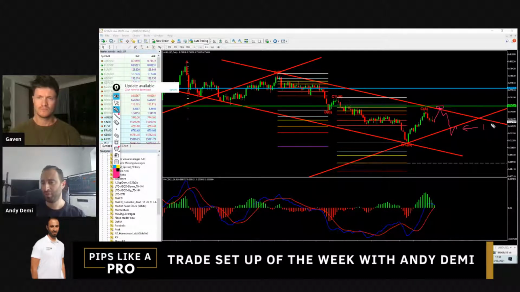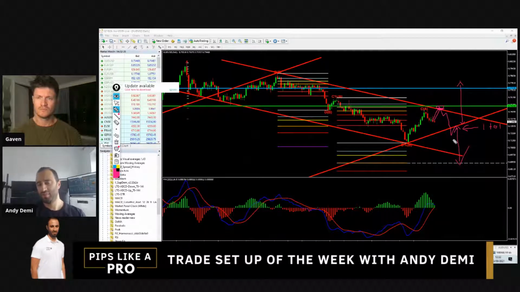If you do this trade here, I'd be looking for a 1-to-1. What I would typically do is take the distance from entry point to target, and make my stop the equivalent. If we get a pullback though, and we buy up here, your reward to risk is going to be more like 3-to-1.